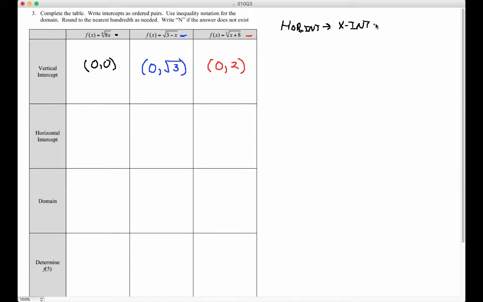And if we're talking about the x-intercept, that must mean that y was equal to 0. Or, more importantly, f of x is equal to 0. We're working in function notation. So to find the x-intercept, you set f of x equal to 0. So that tells me in my first one, I've got 0 is equal to the fourth root of 8x. Well, how do I solve that? Well, let's raise both sides to the fourth power.